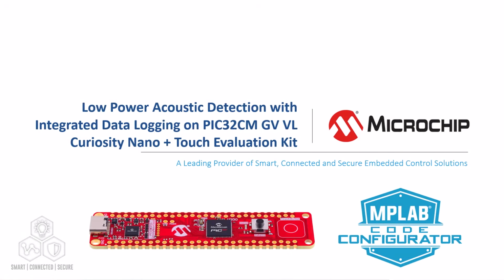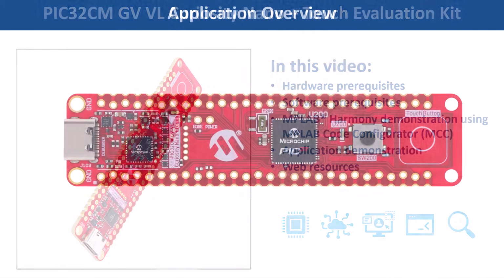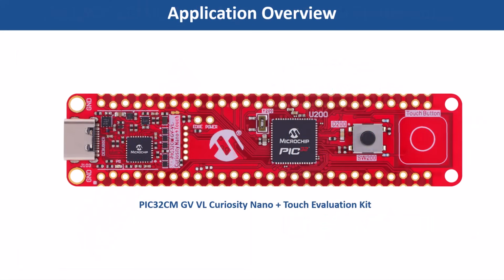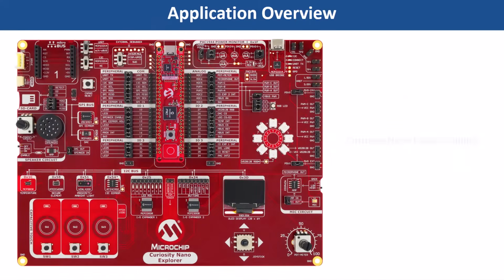A low-power acoustic detection and data logging system using Microchip's PIC32CM GV Curiosity Nano+Touch evaluation kit. This demo includes the PIC32CM GV kit mounted on the Explorer board, which provides easy access to onboard peripherals and streamlined prototyping.